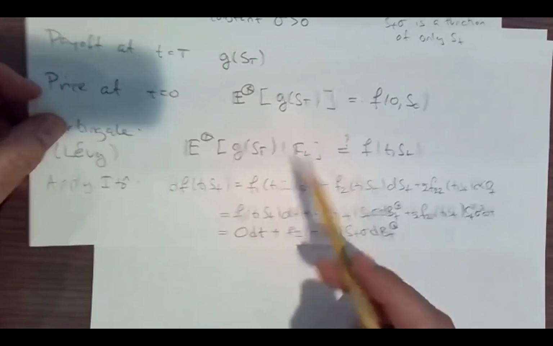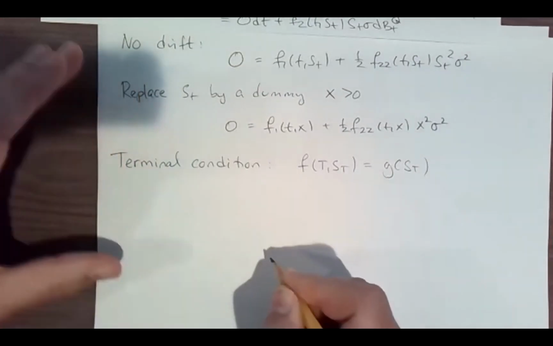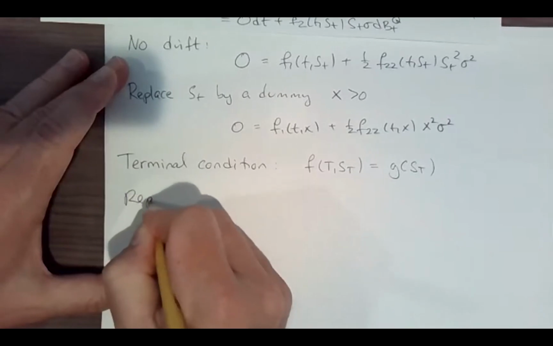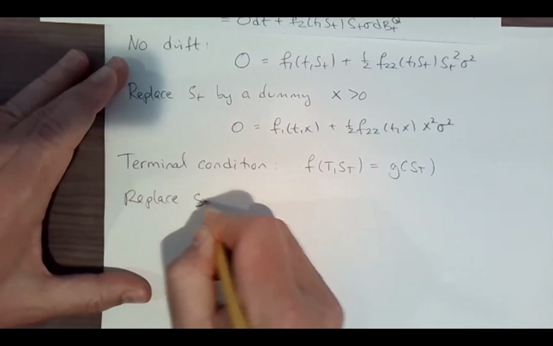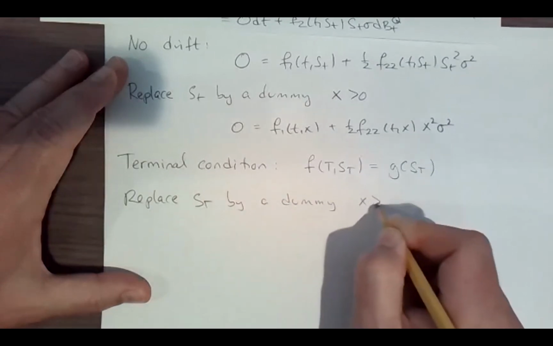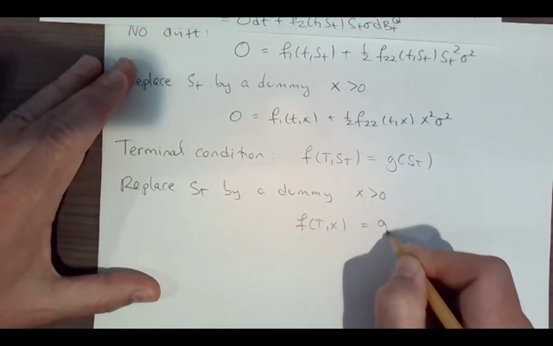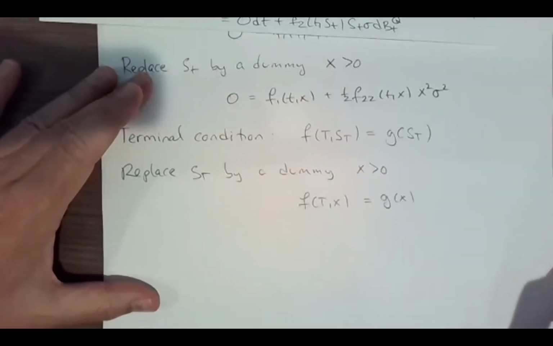I get g of S capital T. And then again, you replace S_T by a dummy, and you get F of T and x is equal to g of x.